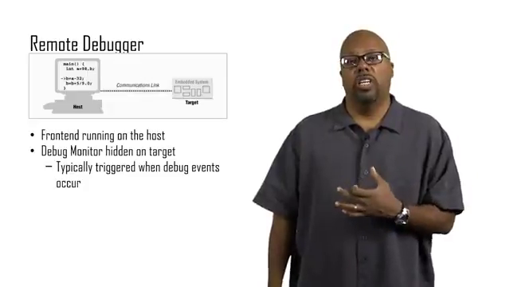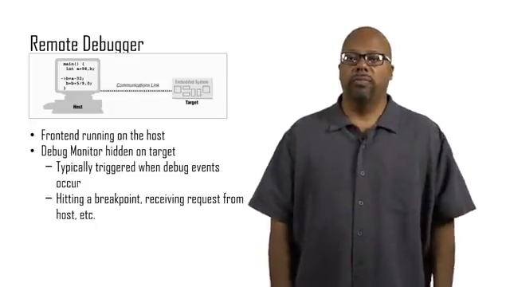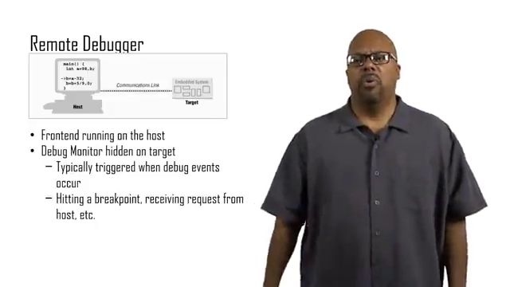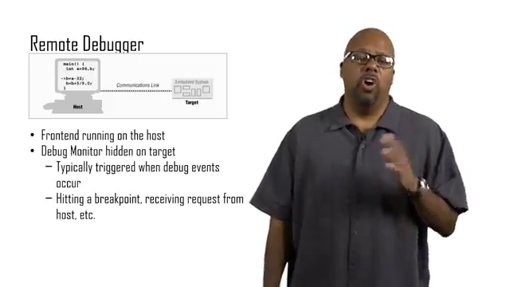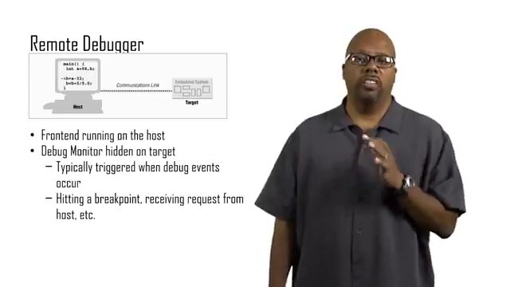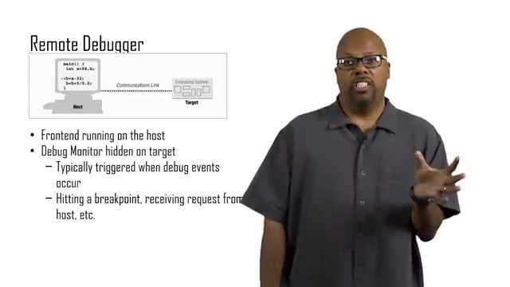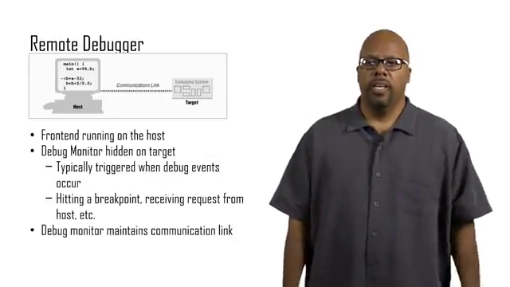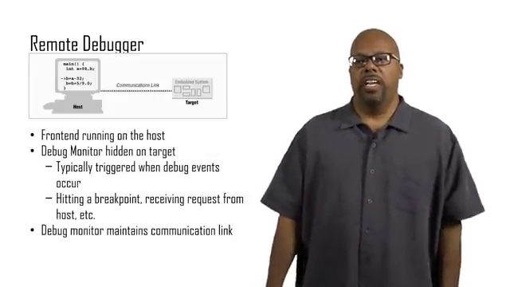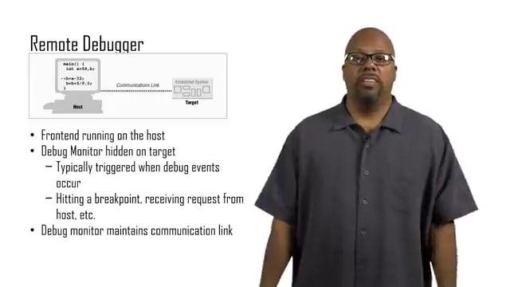There's a debug monitor running in the background. Hitting a breakpoint, receiving a request from the host, these are the types of debug events that typically cause the execution of the target to stop and allow interaction with the host. And the monitor and the host together maintain that communication link.